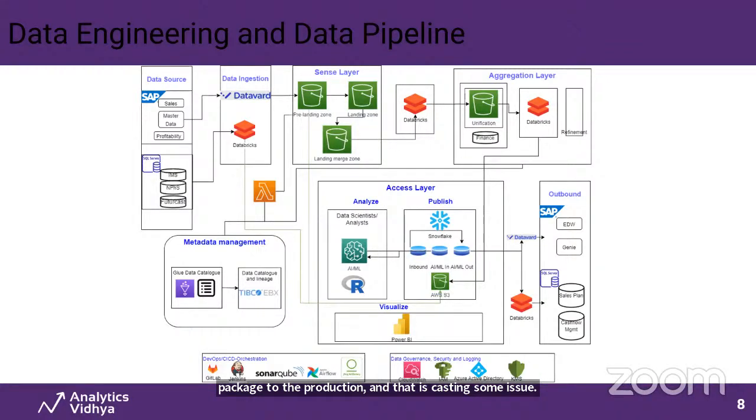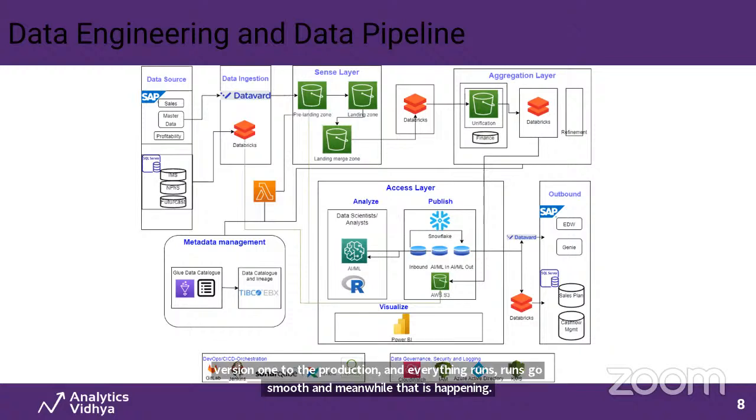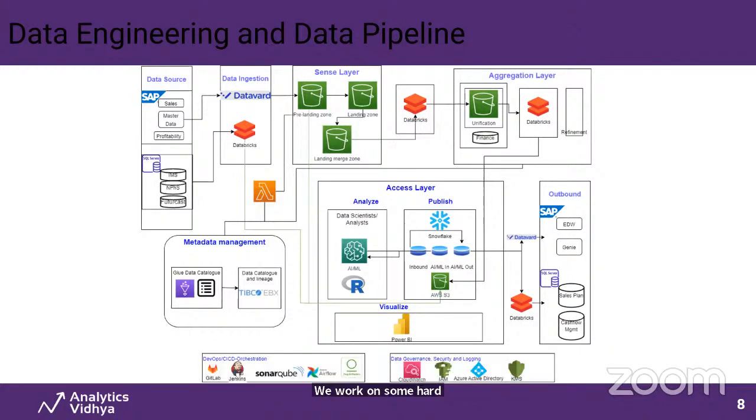So let's say version 2 is in production, and I want to go to version 3. In that case, this JFrog Artifactory comes into the picture, and we redeploy version 1 to production, and everything goes smooth. Meanwhile, we work on some hot fixes and then deploy the code. So that is the general process we follow.